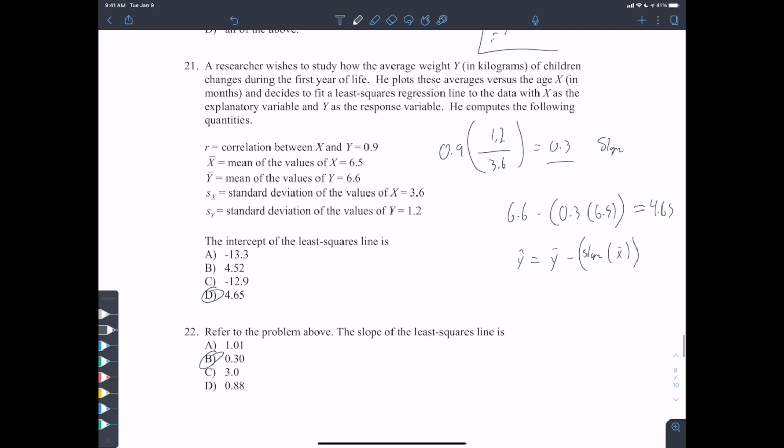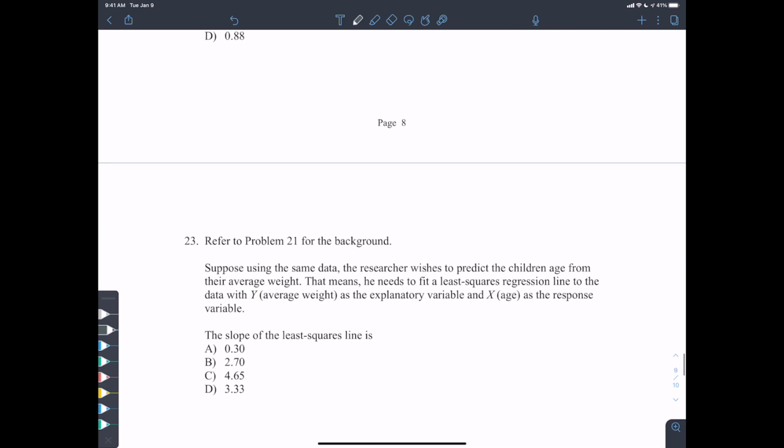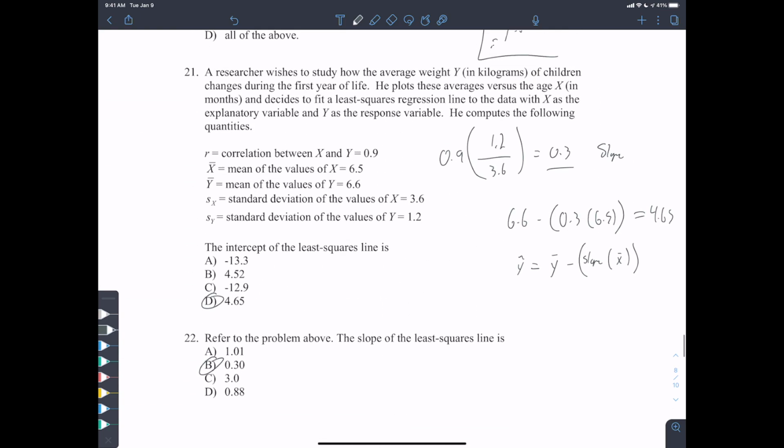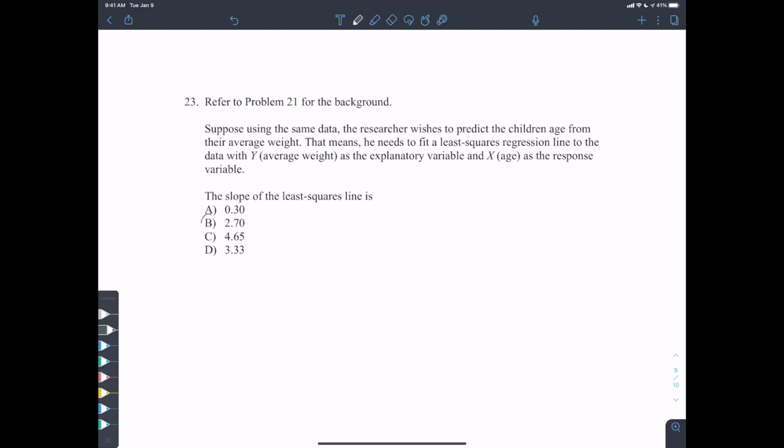So age is the explanatory variable and weight is the response variable. So in 22 it's saying flip that. So the slope is just going to be flipped, so it's just going to be 3.6 over 1.2, which is going to give you 2.7, a slope of 2.7.